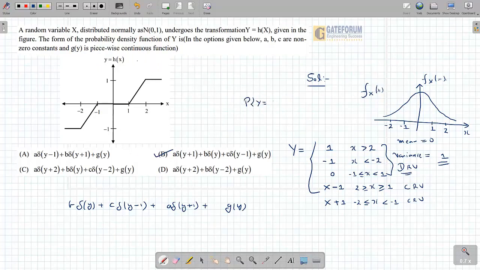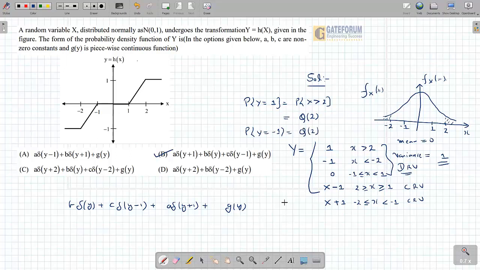Probability of y equal to 1 is the same as probability of x greater than 2, and that is nothing but the Q function of 2, right? So probability of y equal to -1 is also the same because this and this are the same, right?